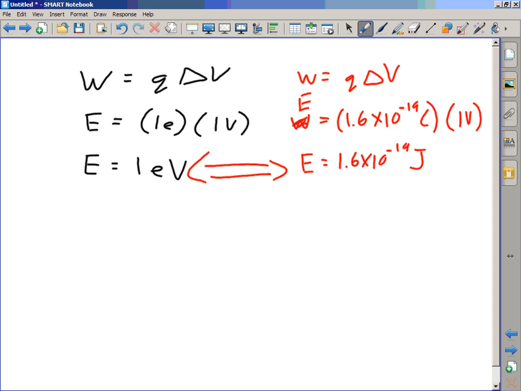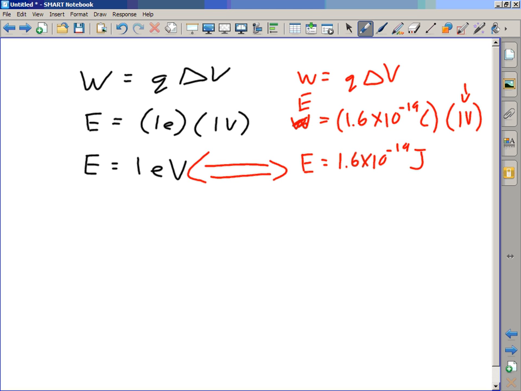This is the only reason I'm using 1 volt here, because of the definition of the electron volt, right? It's how much energy an electron would gain when passing through 1 volt. A volt is kind of the opposite: the amount of energy you gain per unit charge. Potential energy per unit charge there.